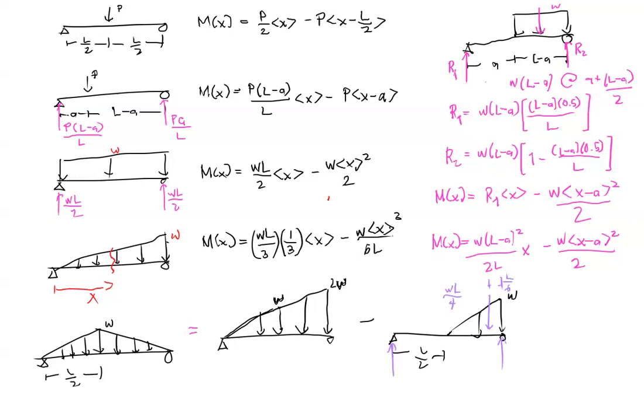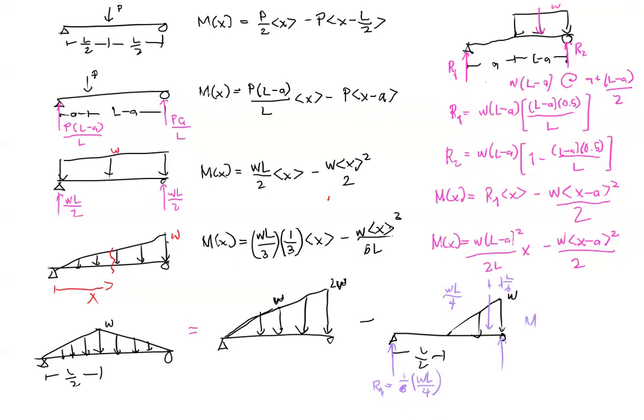Kasi if dinivide mo by L, maka-cancel out yung L, magiging 1 over 6. So yung masasolve mo, R1 is equal to 1 over 6 times WL over 4. And actually, yun na yung information na pwede natin kunin.